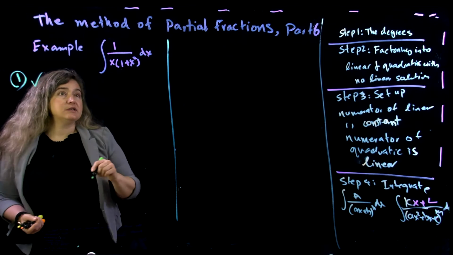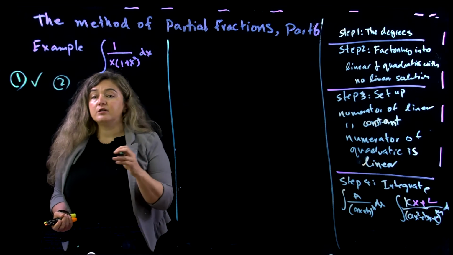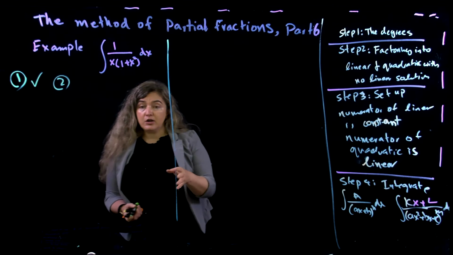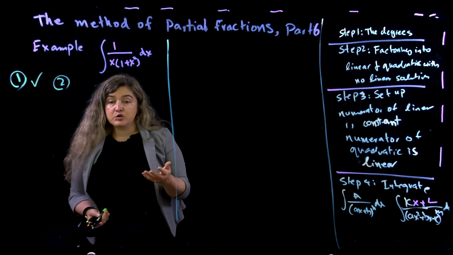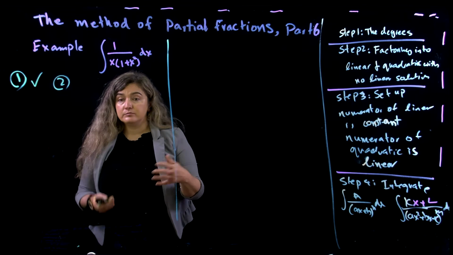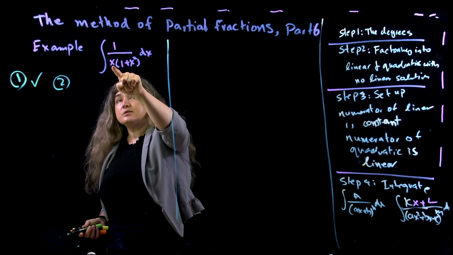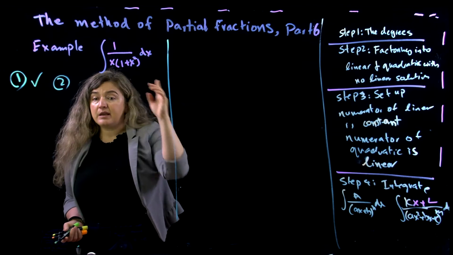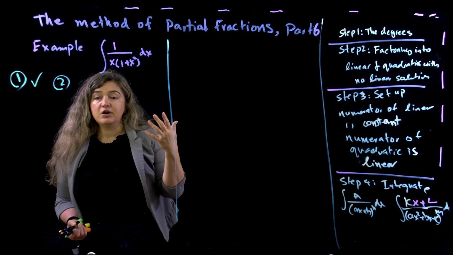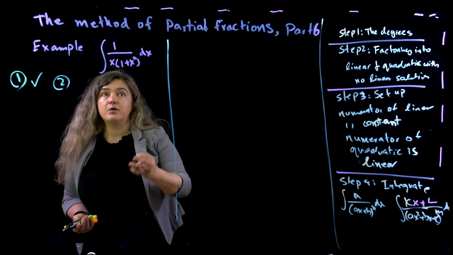So step 1 is done. Step 2, is the denominator factored into linear times quadratic that cannot be factored into real factors? Does not have real solutions, basically. And so x is linear. x is the linear polynomial with solution 0.